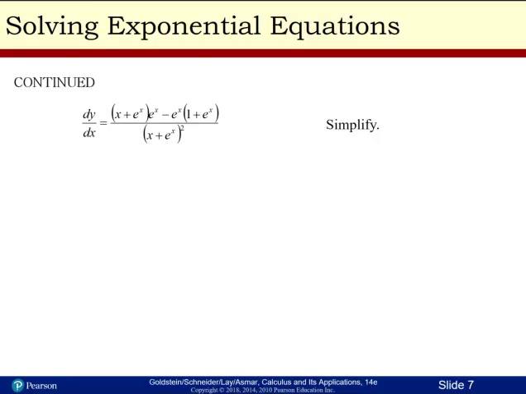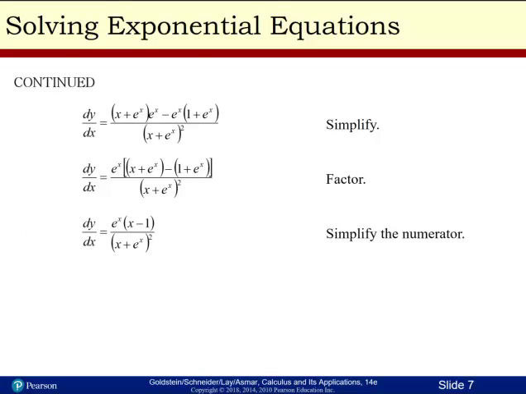So here it is. We're just going to do some simplifying, multiplying, factoring out, combining like terms. We're going to end up with e to the x times x minus 1 all over x plus e to the x, the quantity squared.